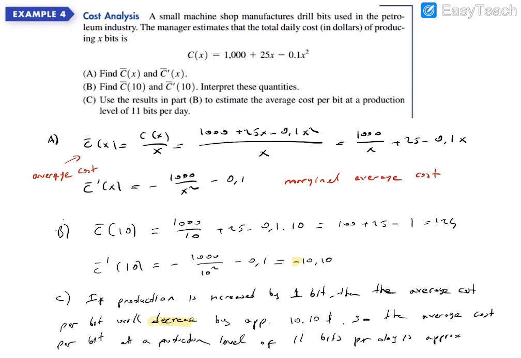So that is $124 minus 10.10, which equals $113.90, okay? So this is our estimation.